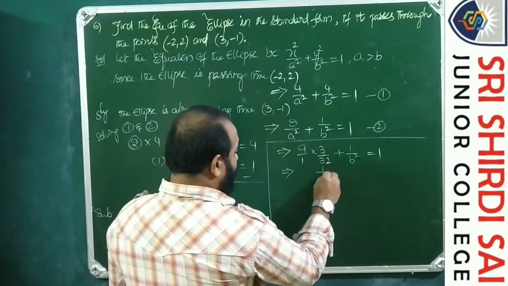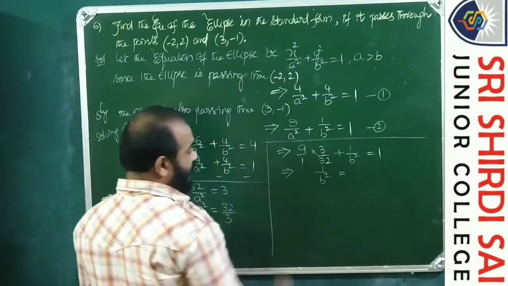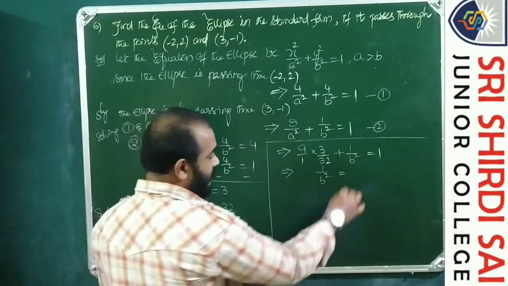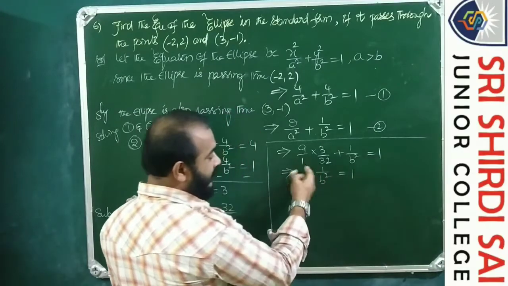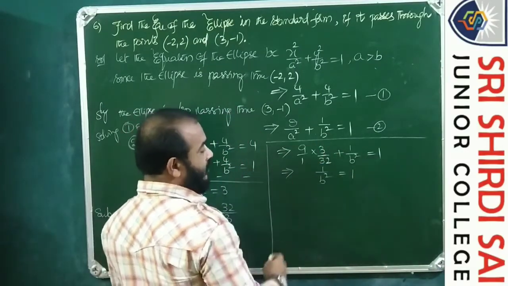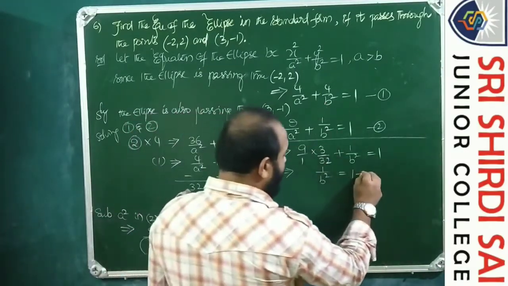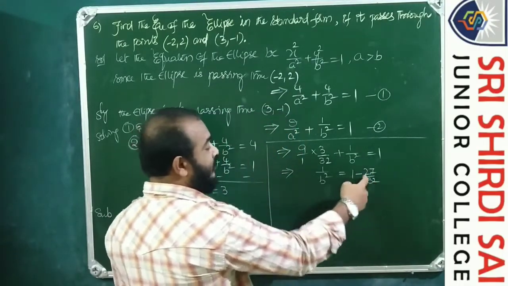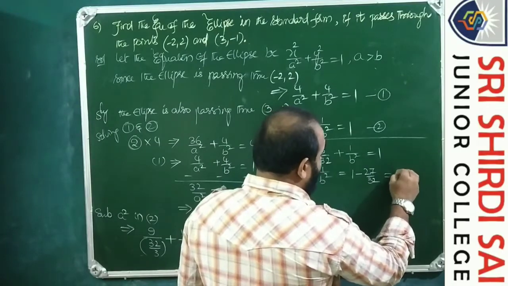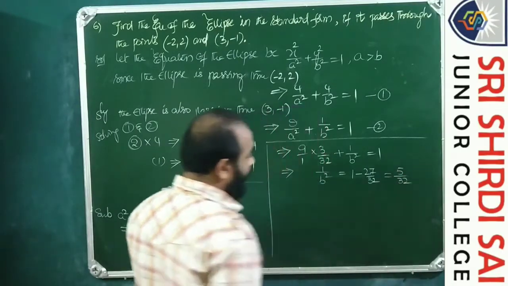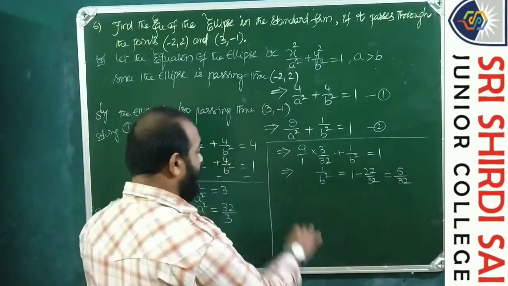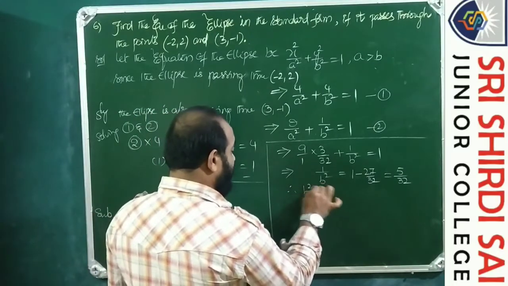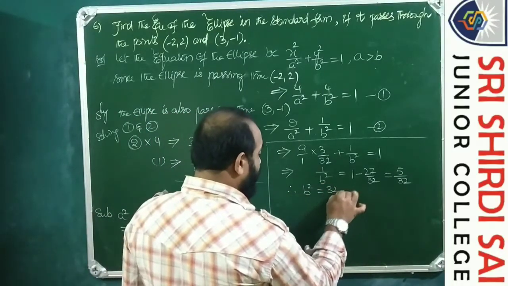So 1 by b square is equal to 1 minus 27 by 32. Transposing to the other side, 32 minus 27 is 5 by 32. So 1 by b square is 5 by 32. Therefore, b square is equal to 32 by 5.